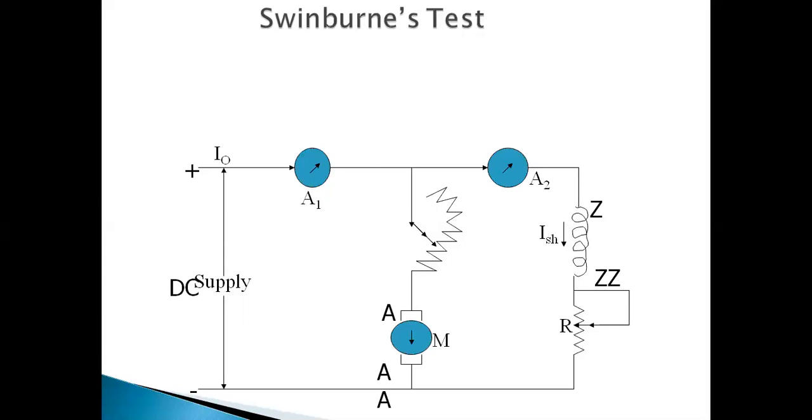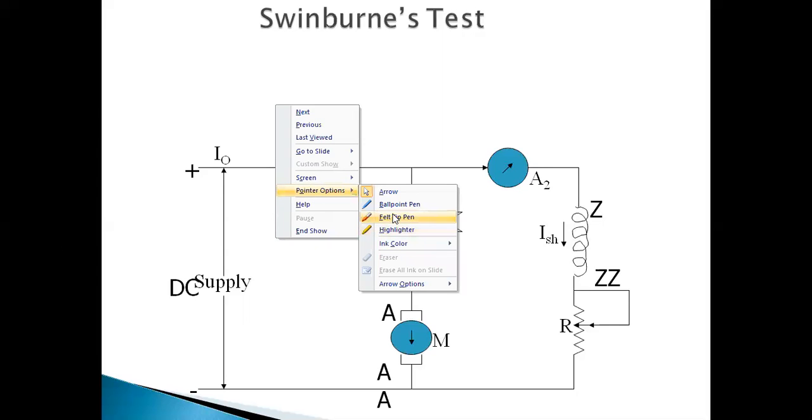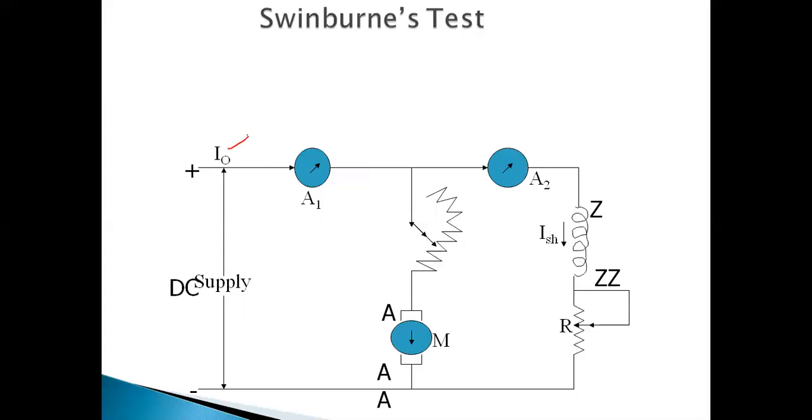Then, coming to the calculation of efficiency, let I naught be the no load current. It can be measured by the ammeter A1. ISH is the shunt field current.